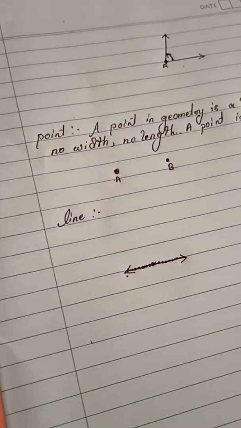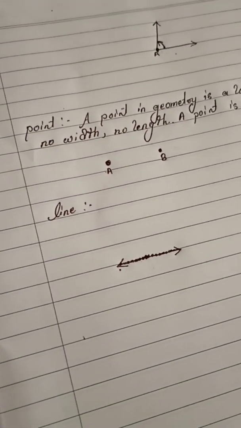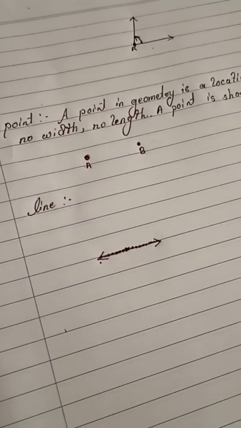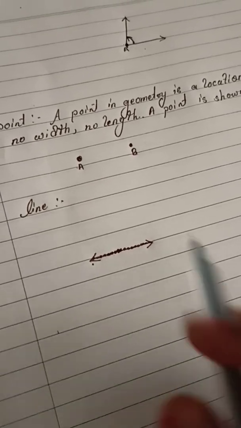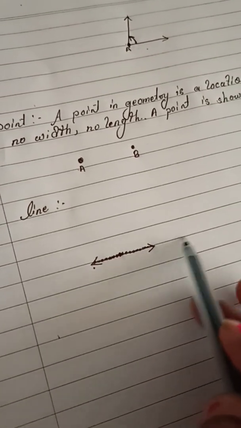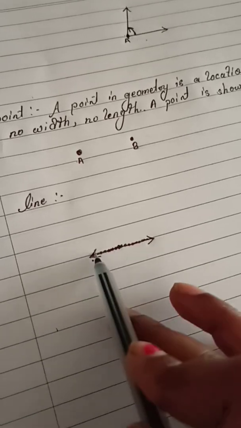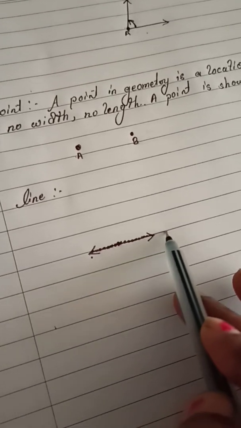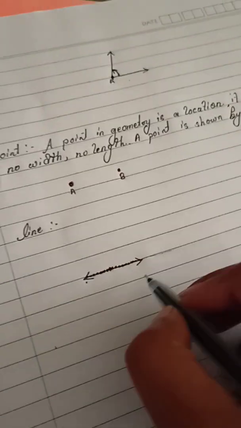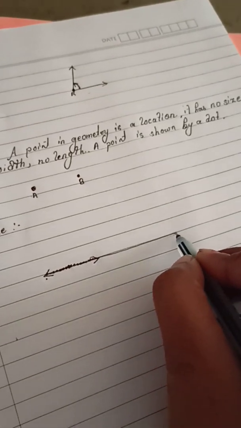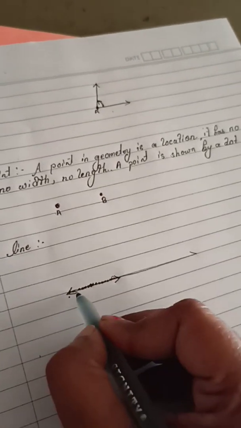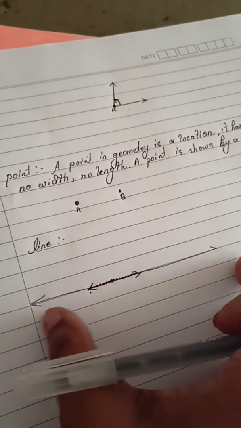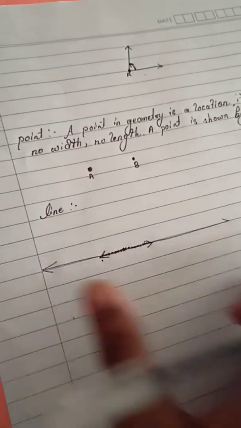So a line is a set of points. It is a combination of dots which can increase in both directions. You can see the arrow here. That means it can increase further in two directions.